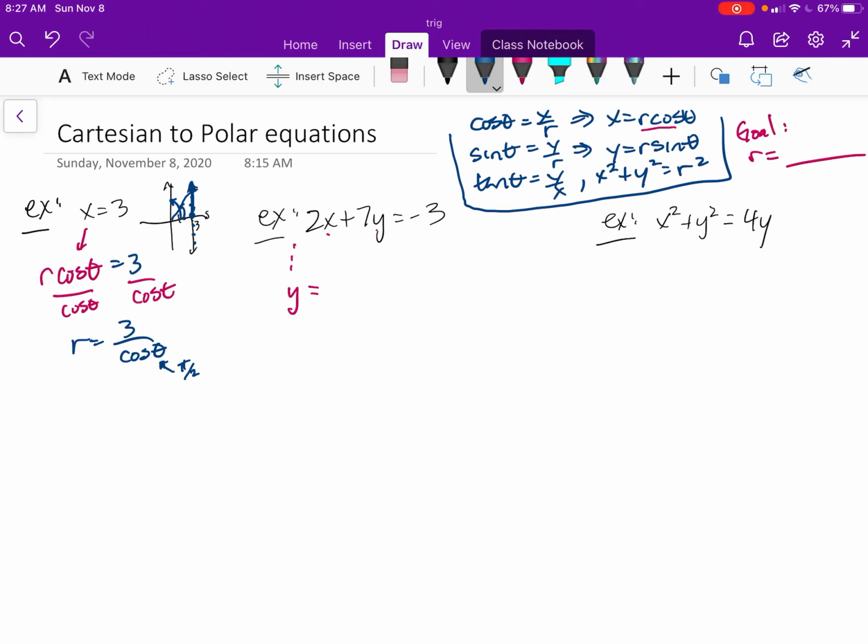In this next one, we don't need to solve for y. I was simply saying in a Cartesian equation, we do. That's how we would graph this thing. We could plug it in a calculator, or we could do test points, but usually we solve for y in any equation to see if it's a function.